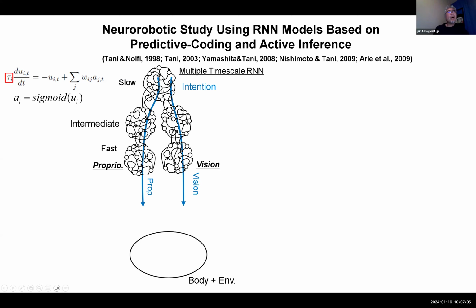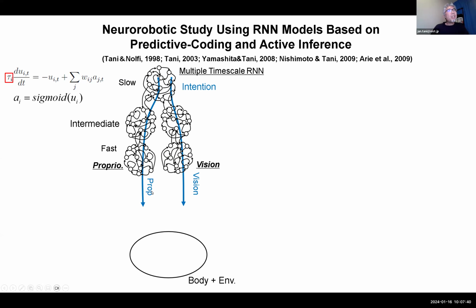That provides anticipation about sensation, both for vision and proprioception. For example, what kind of joint angle change or proprioception change, or what kind of visual image can be seen when acting on the environment with some specific intention. So this is top-down intention, associated with a kind of prediction.